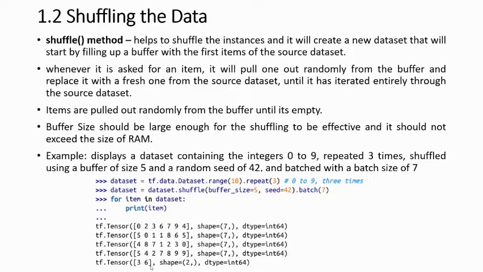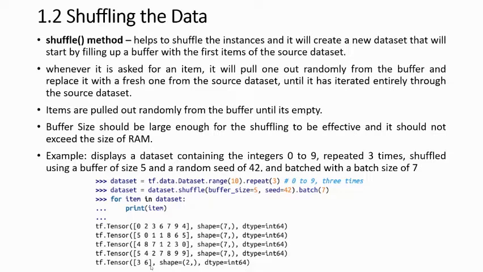One solution could be to shuffle the source data set, or you can split the source data set into multiple files and then randomly read the files in any order during training.